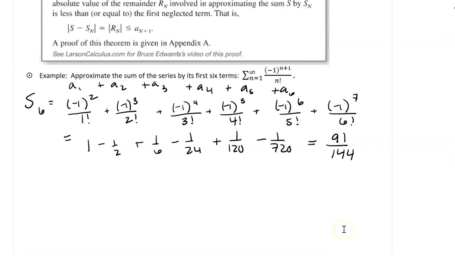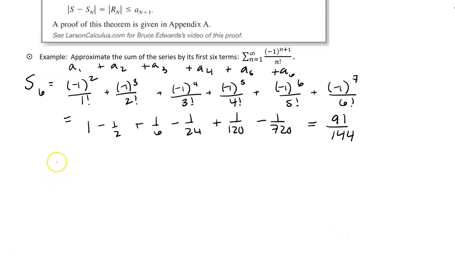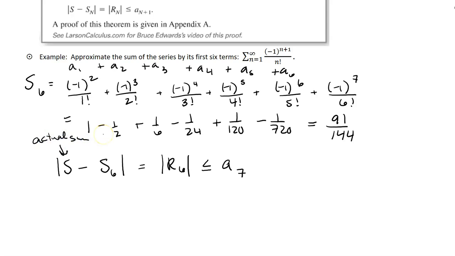Well, what we know from this theorem is that s minus s sub 6 has to be equal to r sub 6, which is the remainder, and we know that that is less than or equal to a sub 7 if I plug in a 6 here. This is what we're trying to estimate. This is the actual sum, and we can do that by plugging the numbers we know into this and solving this inequality.